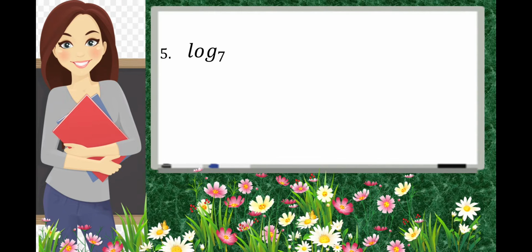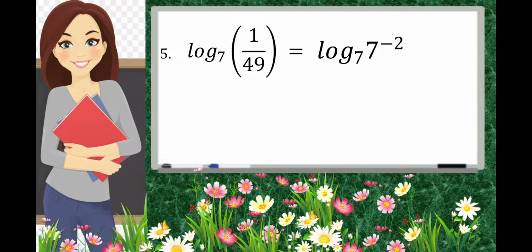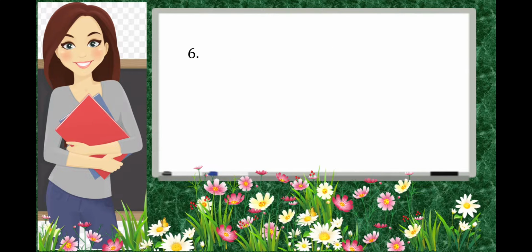Next example, the logarithm of 1 over 49 to the base 7. 1 over 49 is the same as 7 raised to negative 2. So that will be log of 7 raised to negative 2 to the base 7, which is equal to negative 2. That is using the second property of logarithm.